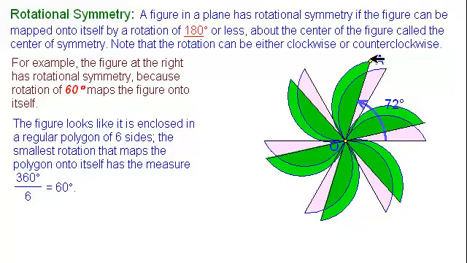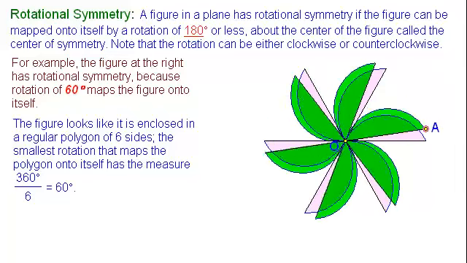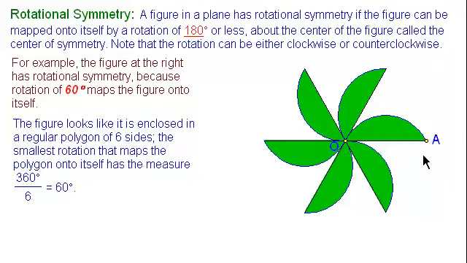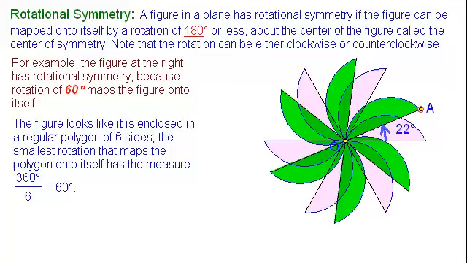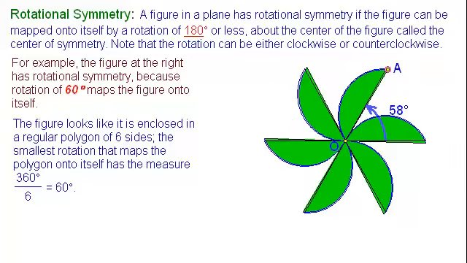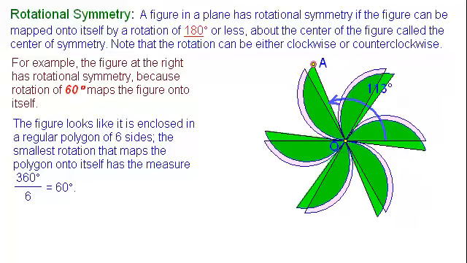So the angular symmetry is going to be, when I move it, you can see the angular symmetry is going to be 60 degrees. Let me do it one more time. I'm going to move this, and as I move this and measure the angle, the first one matches at 60 degrees.